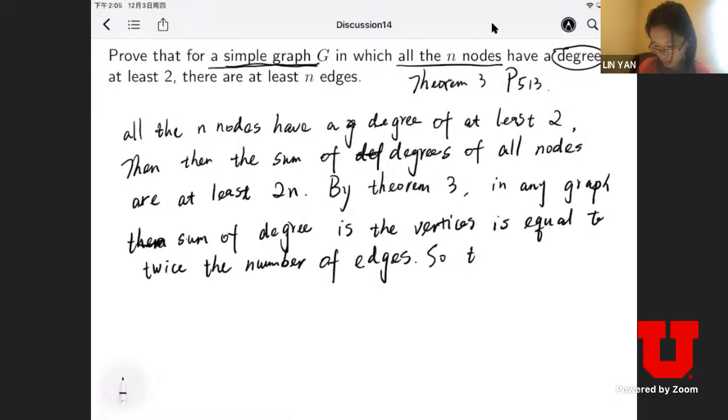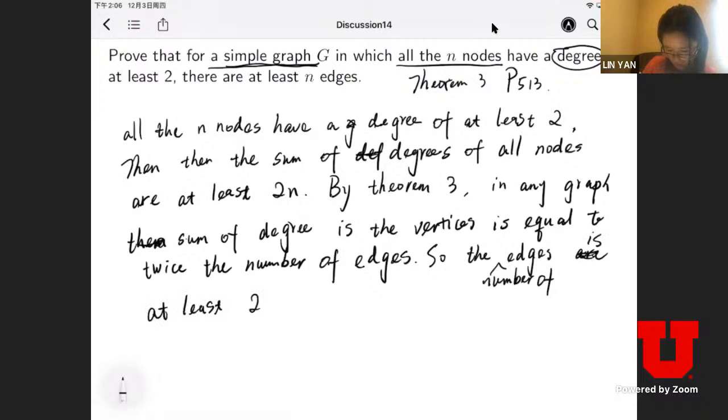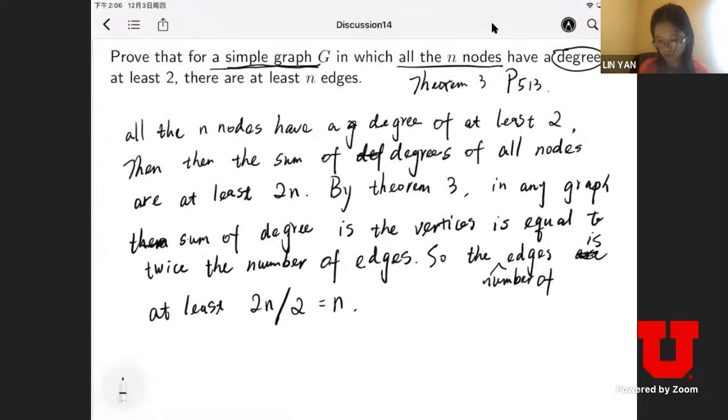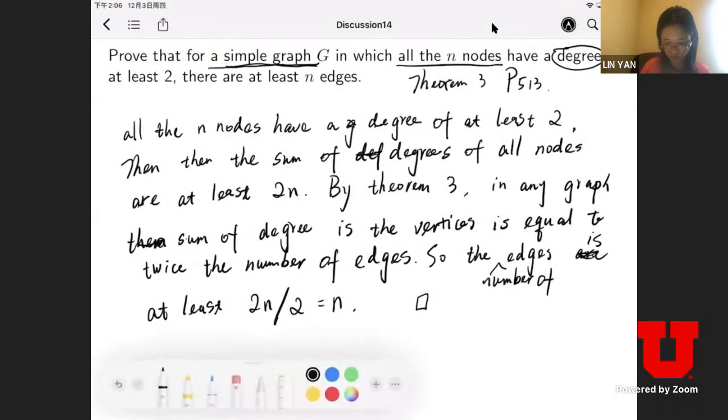So the number of edges is at least 2n divided by 2, which means n. So we are done with this proof.